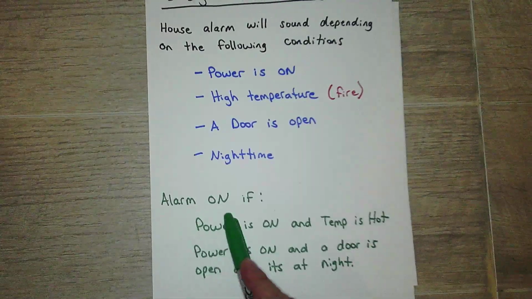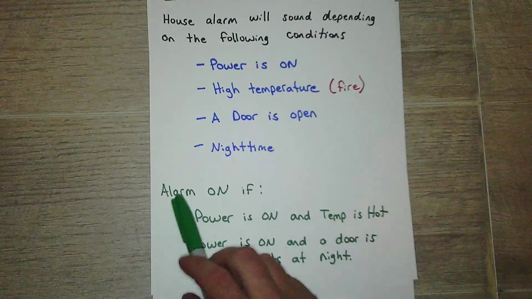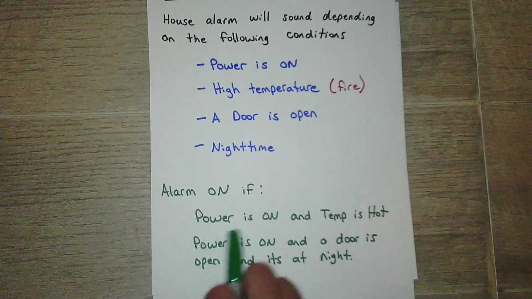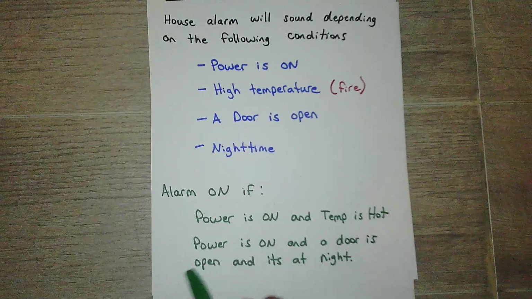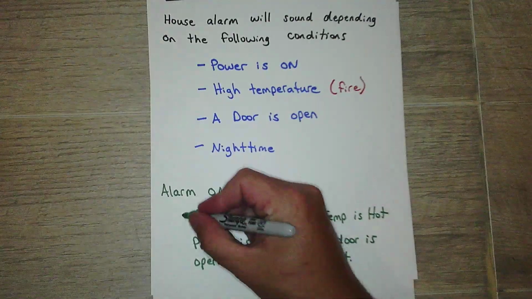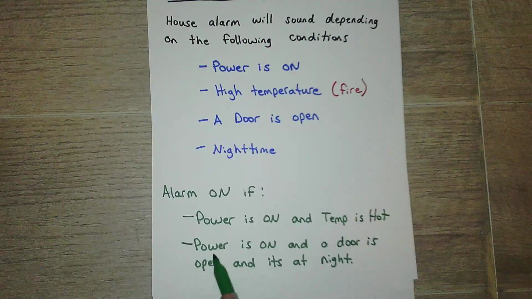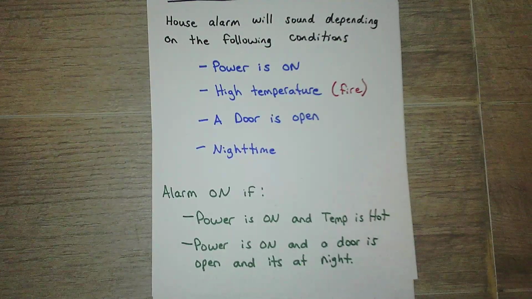We have to design a logic gate circuit that will trigger the alarm if the power is on and the temperature is too hot, or power is on and a door is open and it's at night. So these are like two separate conditions.